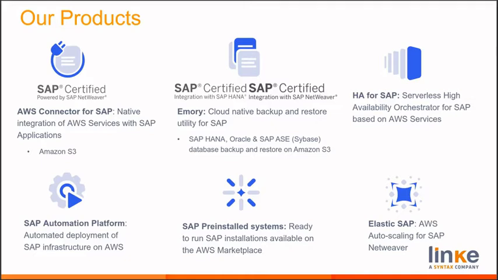We also have developed a backup agent, certified by SAP, designed to handle your backups in the cloud. What makes it unique is that you can back up different types of database, Sybase, HANA, or Oracle with the same product.